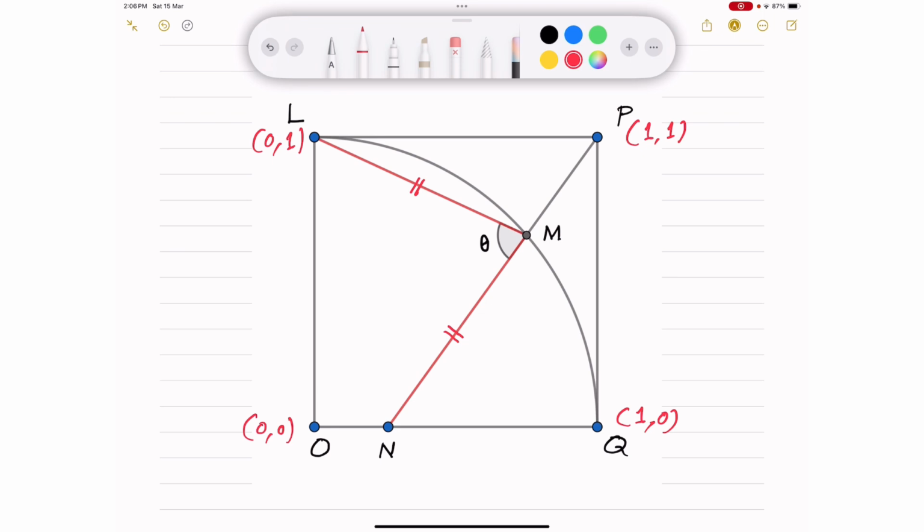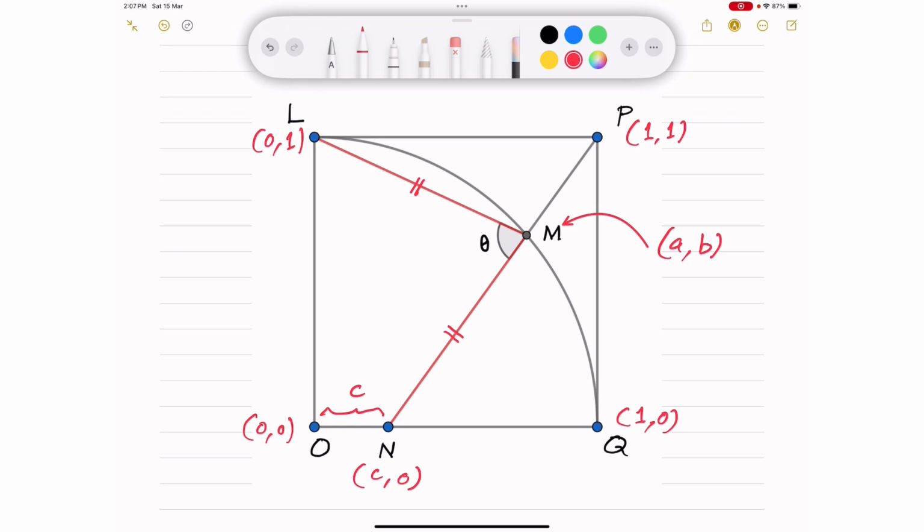I will assume that this point M is A, B, so we have two unknowns. I will also let the length ON be C, so N is C, 0. Apparently we have three unknowns, A, B, and C, and for that we need three equations. I guess this is the simplest way to solve this problem without making a mess of everything.